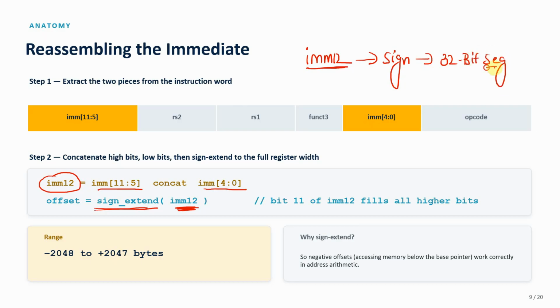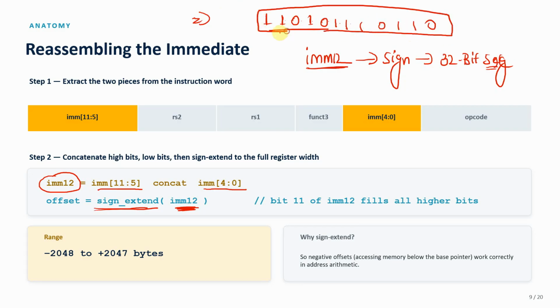Now, what do you mean by sign extended value? Let's say this is my 12-bit offset address, 110101 and so on, bits 1 through 12, and it's a signed value. My offset address can be a positive value or a negative value. If it's positive, it is represented directly, but if it's negative, it is represented in signed format.